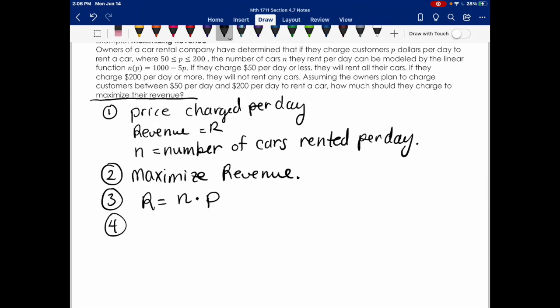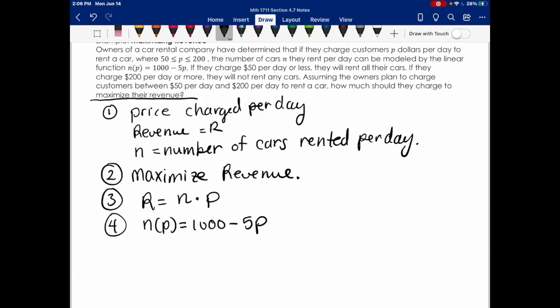Step four is we want to make sure everything is in terms of one variable. Since we additionally know a formula for N, the number of cars, the problem gave us that the number of cars is 1,000 minus 5P.